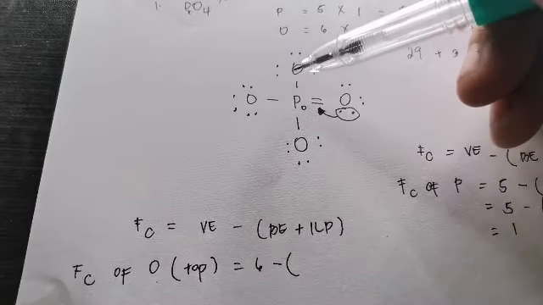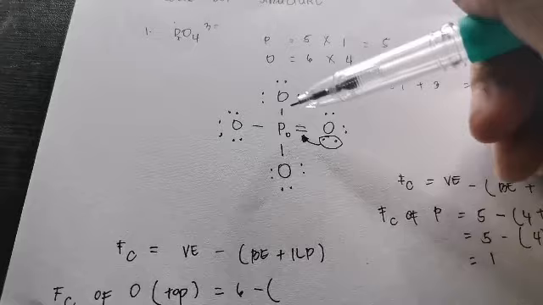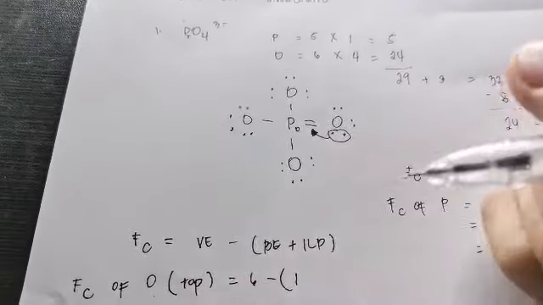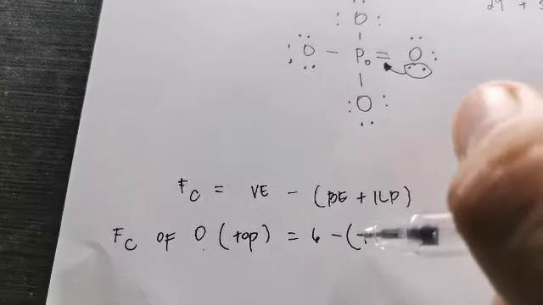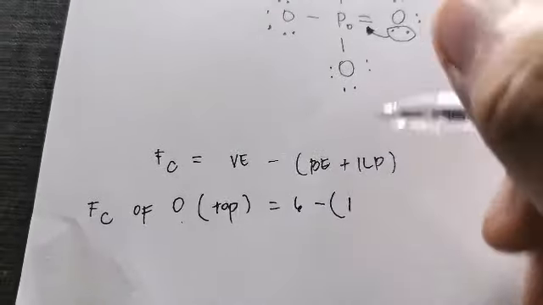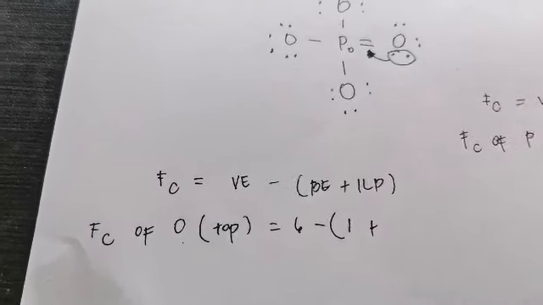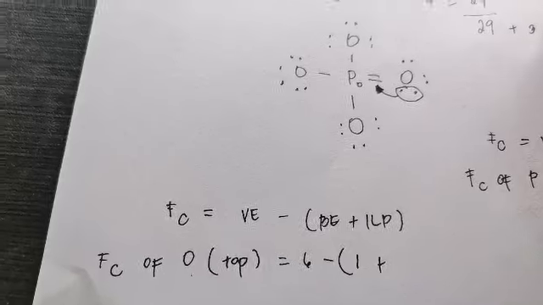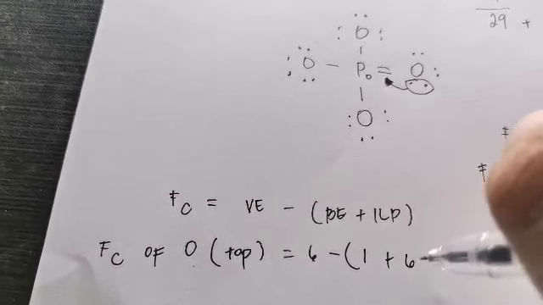You have in the upper. Focus only in the upper. You have only 1. So, put 1 here. Okay, put 1 because you only have 1. Okay, that's why you have 1 plus the individual lone pair. 1, 2, 3, 4, 5, 6. So 6.